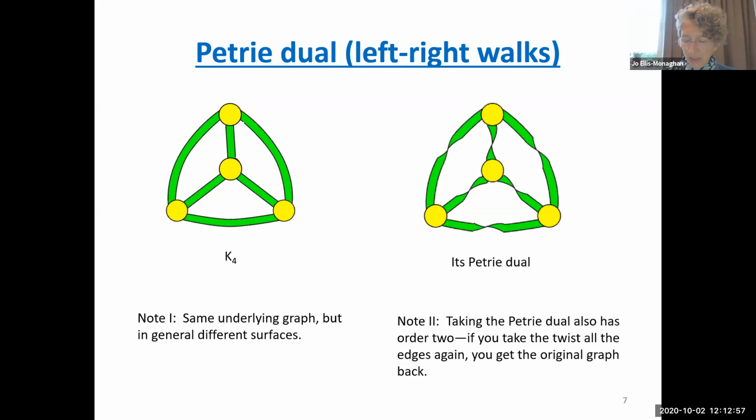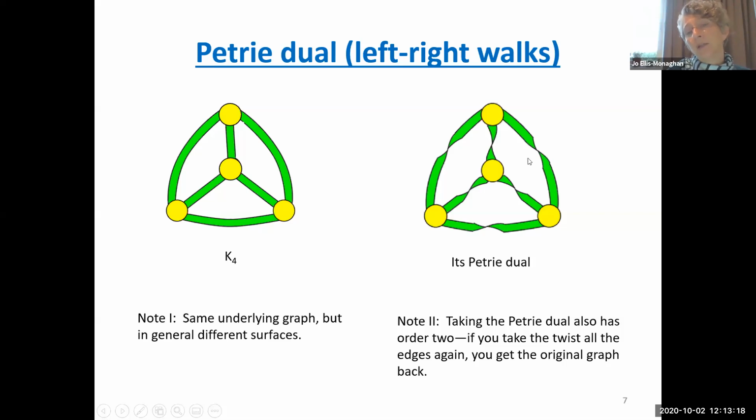So you use the same vertices and edges, but when you're tracing a face, instead of always turning to the right or always turning to the left, you follow an edge and you turn to the right and then you turn to the left, and the circuit that you get by doing that is now a new face in the Petrie dual.